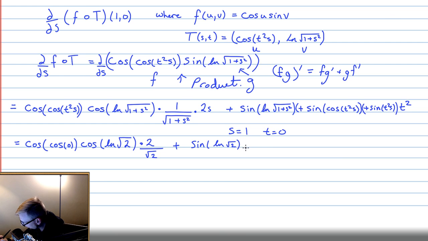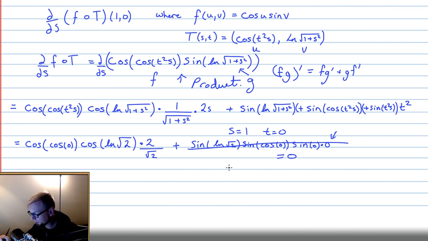Not bad. Times sine cosine of, well, this would be 0 again because t, cosine of 0. And then multiplied again by sine of 0 times, well, times 0. Oh, look at that. That's a 0. So all of this is 0. Let's see if this left-hand side becomes 0.